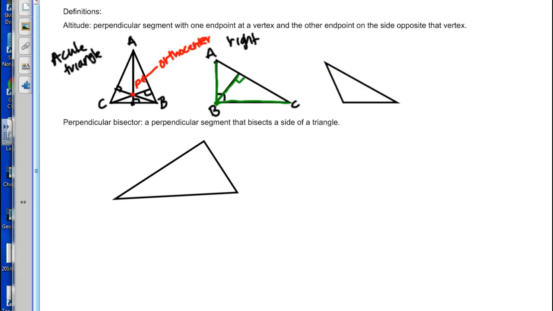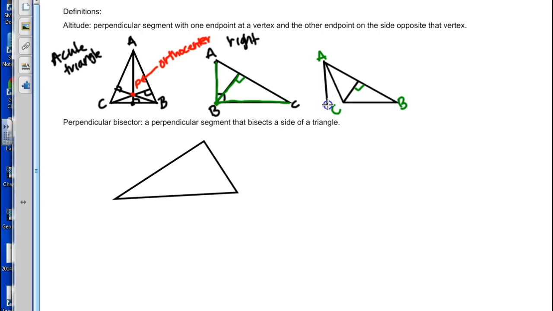So let's look at this one, finding the altitude of this obtuse triangle. So let's call this one ABC also. And as I draw the altitudes here, there is a perpendicular segment from C. And as I draw the altitude here, I'm noticing I'm going to have to come outside, aren't I?